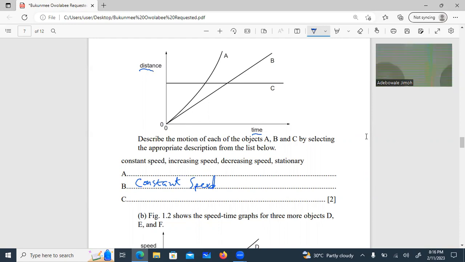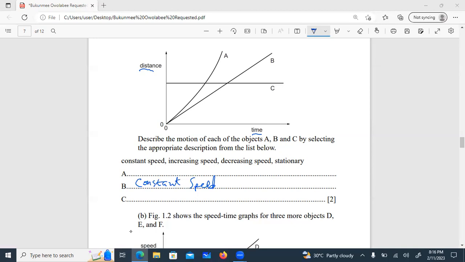What does A give us? Look at A. A is a curved line and it curves in an anti-clockwise direction. What does that mean? That means the distance increases exponentially at equal time intervals.